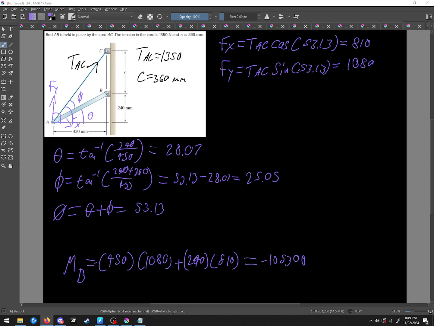Oh, something's wrong. Something's always wrong. The moment about B, the force applied at point A. Clockwise negative, counterclockwise 240 times 8.